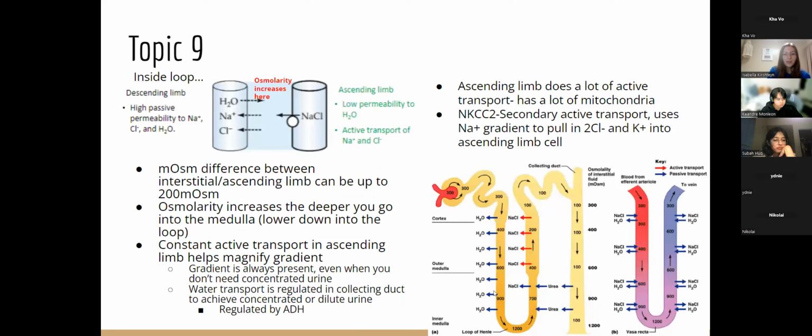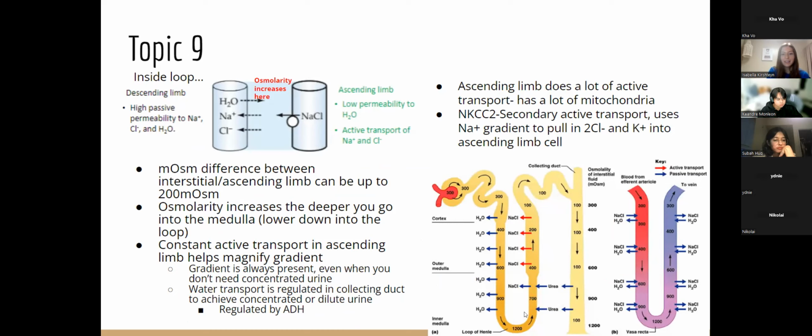And then a closer look inside of what one of these loops actually looks like. This is a zoomed in version of this portion or somewhere around here. So the descending limb is highly permeable to the passive transfusion of sodium chloride, which will flow into the descending limb, and water will passively flow out of the descending limb.